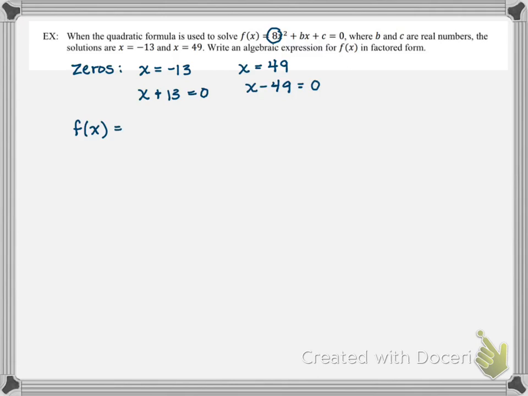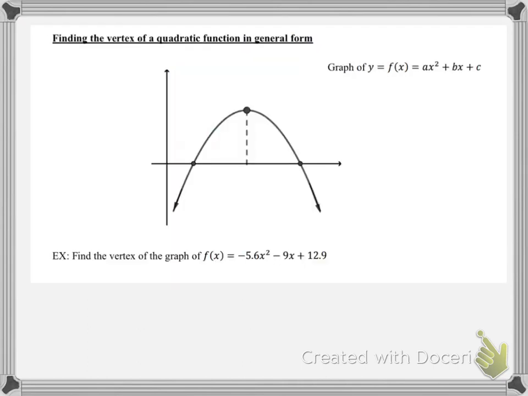So we have 8 times x plus 13 times x minus 49. That wasn't too awful, right? It's just one of those things where you have to resist the urge to make it more complicated than it is. Good? Okay, so we're going to do one more thing today.